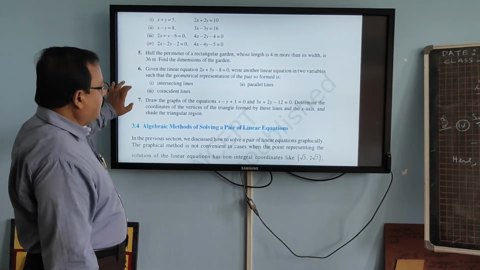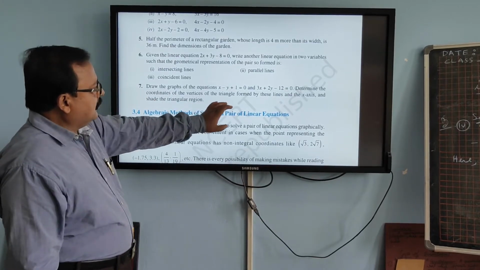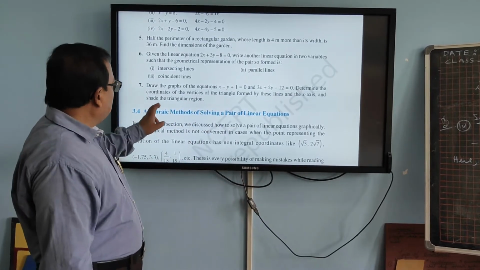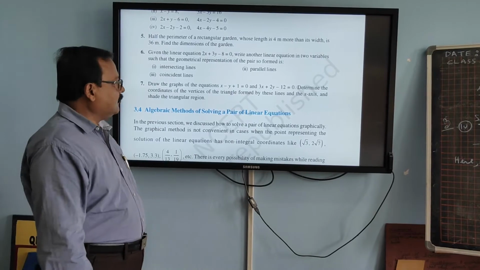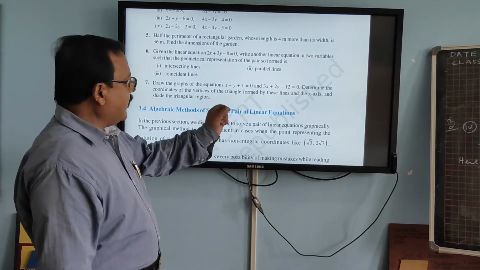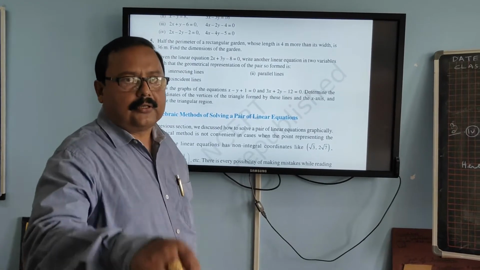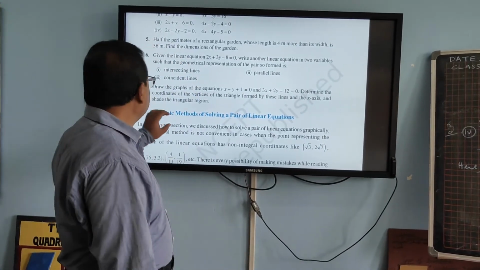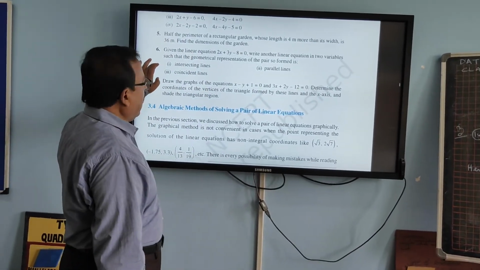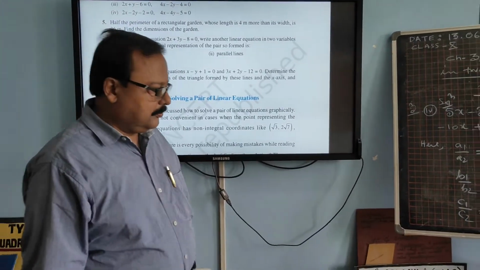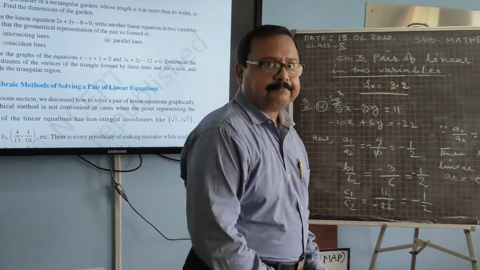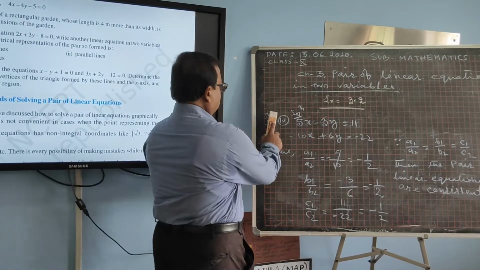Draw the graphs of these equations. Determine the coordinates of the vertices of the triangle formed by these lines and the axis, and shade the triangular region. Okay, students, this question number 7 I will solve now, and you listen carefully.